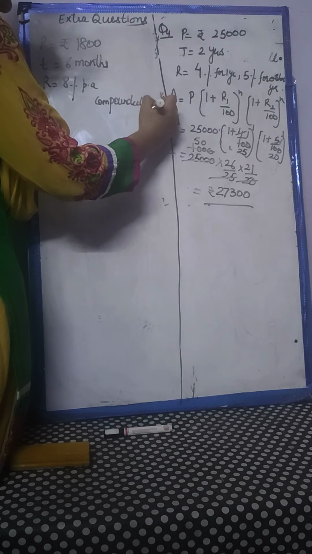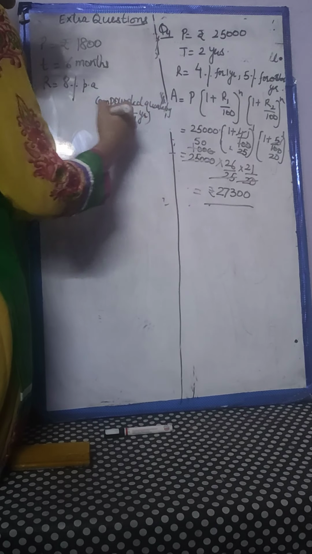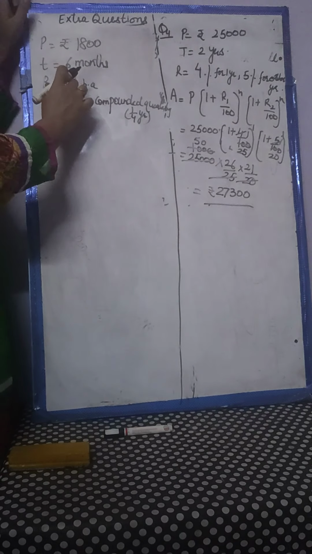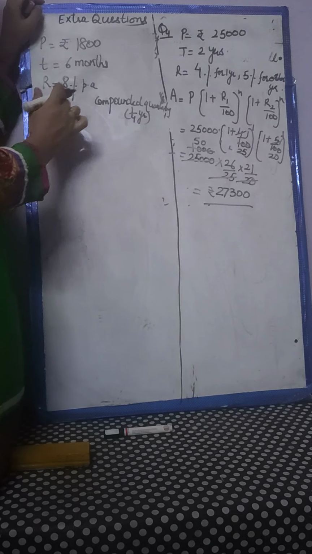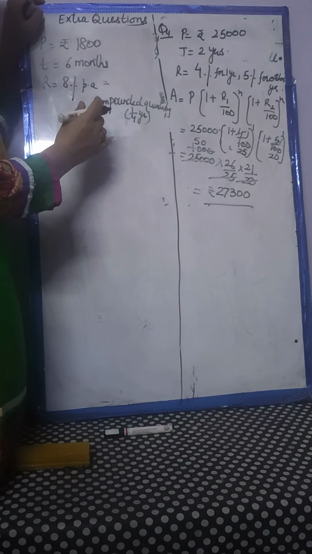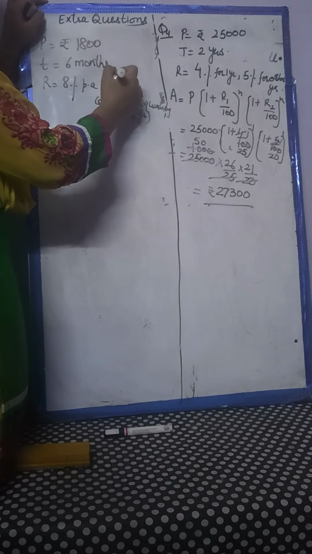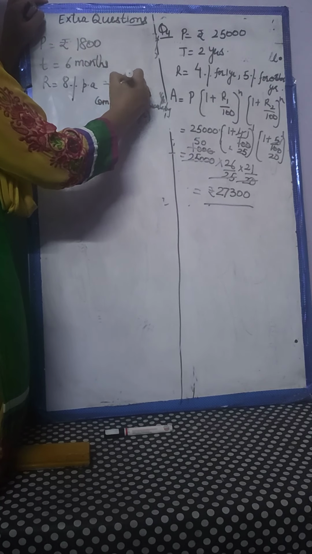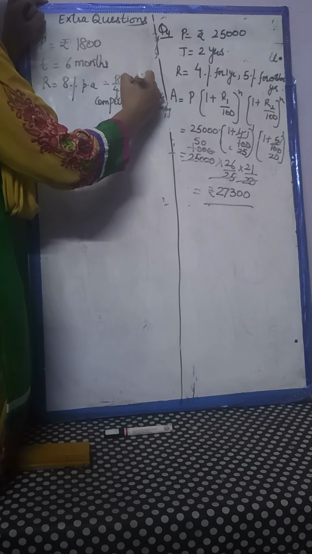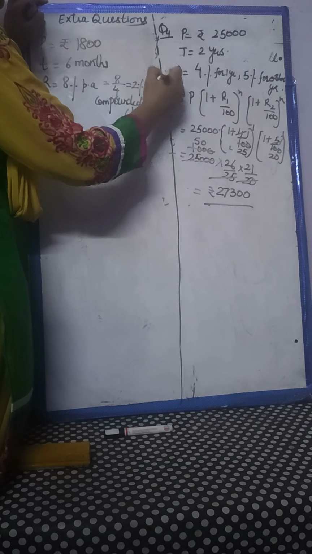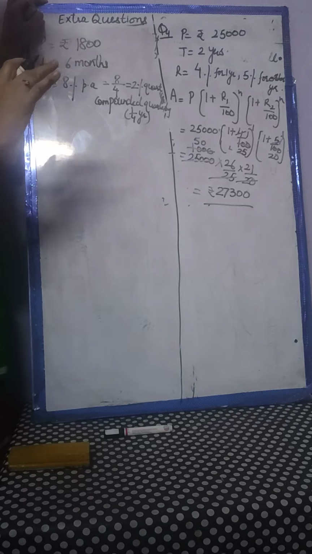If it is compounded quarterly, quarterly means 1/4 of the year, 1 by 4 year. Quarter means 1/4 of the year. If it is annual interest, what will be the interest for a quarter? 8 by 4, that is equal to 2% quarterly. And time is 6 months.